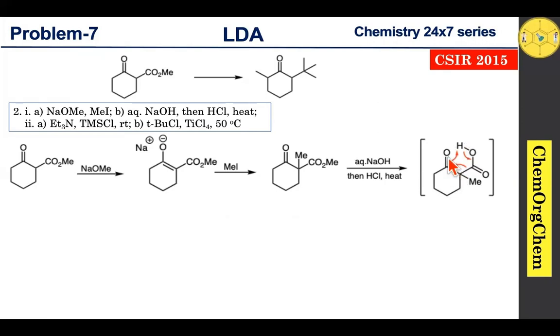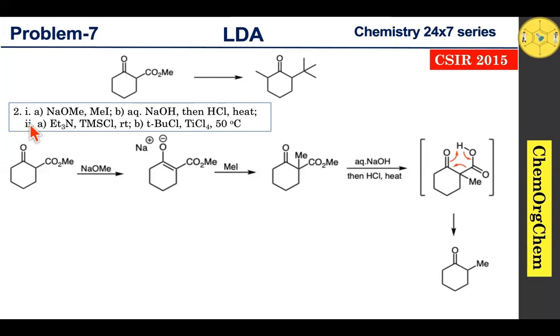Here you see how this happened. This pi electron abstracts the proton from the carboxylic acid group, then this electron moves here and this carbon-carbon bond breaks, which kicks off carbon dioxide gas and produces the corresponding ketone product.